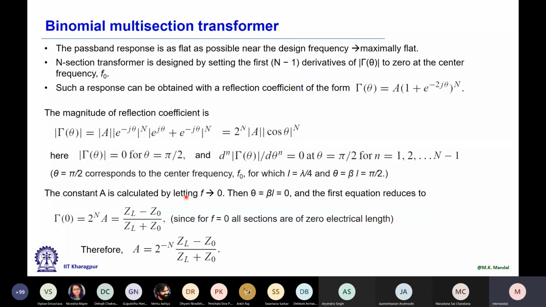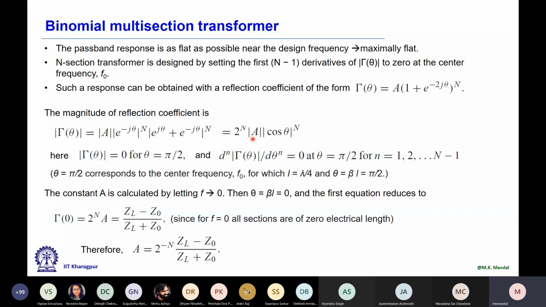For the same transformer, let's say you are going to design at 2.4. So electrical length is 90 degree at 2.4. But now if I go to 0, then electrical length is vanishingly small. So I can assume theta is 0 basically. Then gamma at theta equal to 0, we put the value here, then what we see, it is 2 to the power n into A, and that is equal to ZL minus Z naught by ZL plus Z naught.